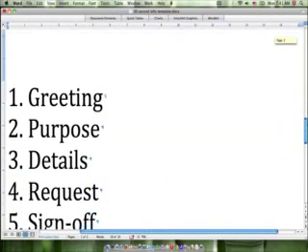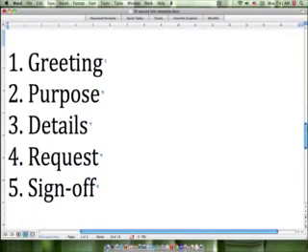Typically, a letter is written in 5 parts. There is an initial greeting, followed by a paragraph which states the purpose of the letter, followed by another paragraph which goes over the details of the purpose of the letter.